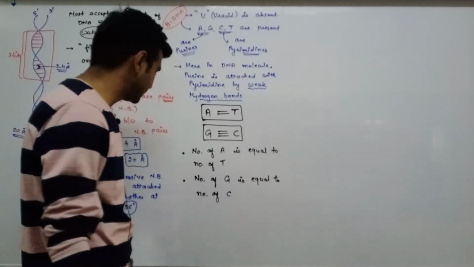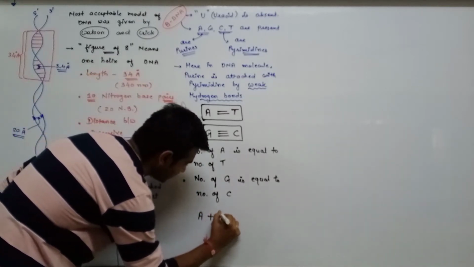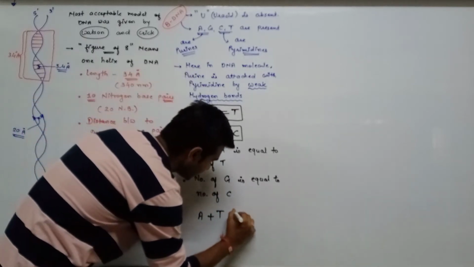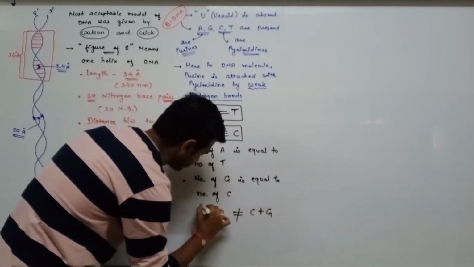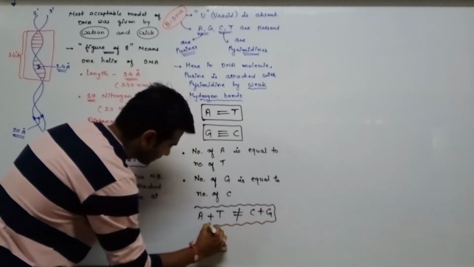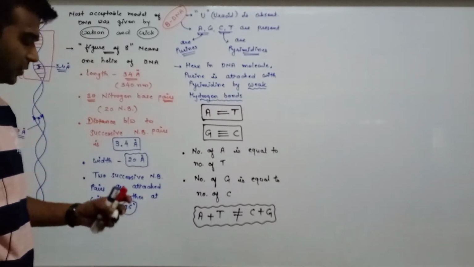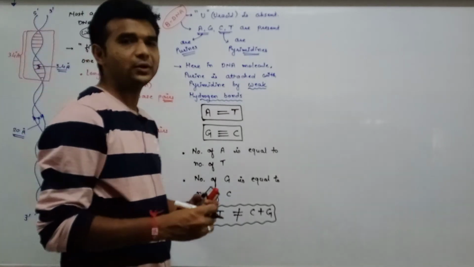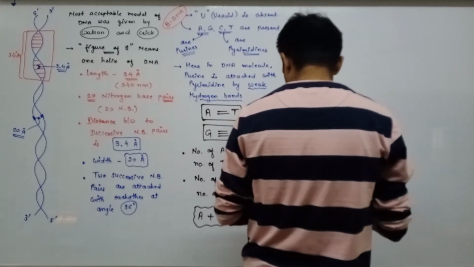But here, see, the total number of adenine and thymine is not equal to cytosine and guanine. Is it right? Think about it.